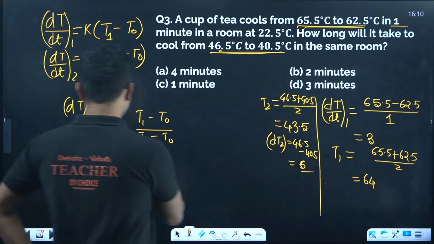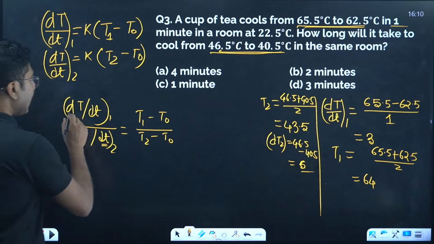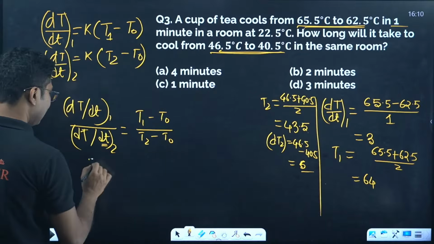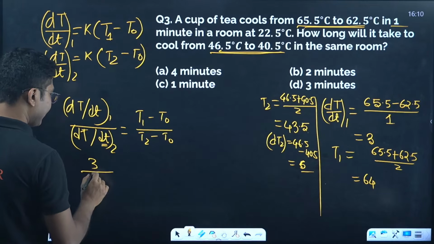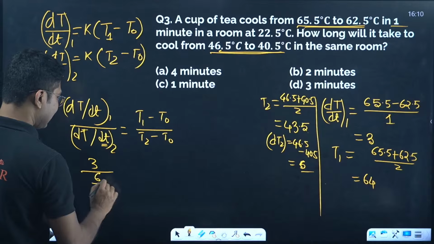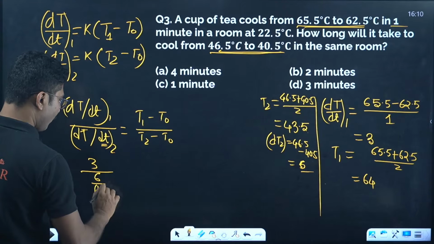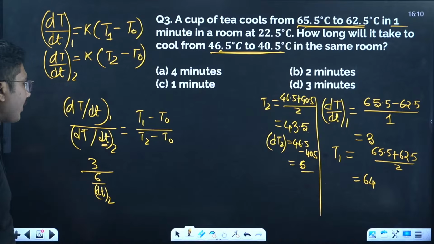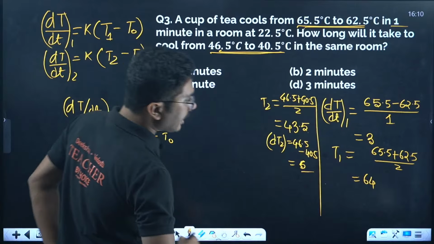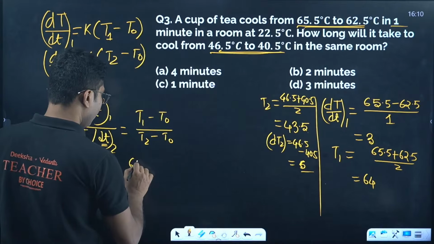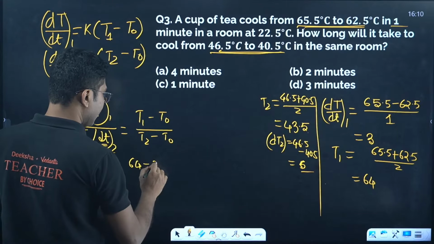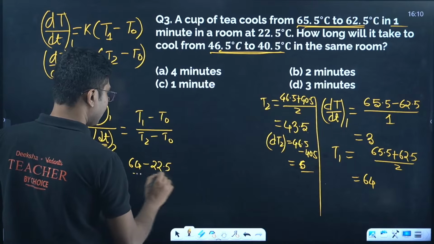Now we will go back to this equation and put the values. dθ/dt1 is 3, dθ2 is 6, and dt2 is the time we are trying to find. T1 we have calculated is 64 minus 22.5, which is given in the question.